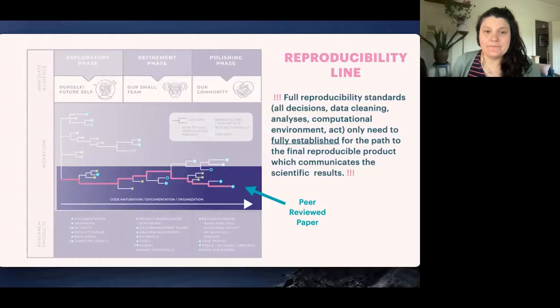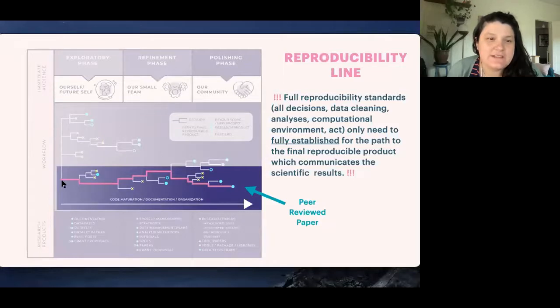And this gives you a little break on how intense you need to be on establishing those reproducible methodologies. So yeah, each of these little things refers to a product. And let's say this is a peer-reviewed paper.